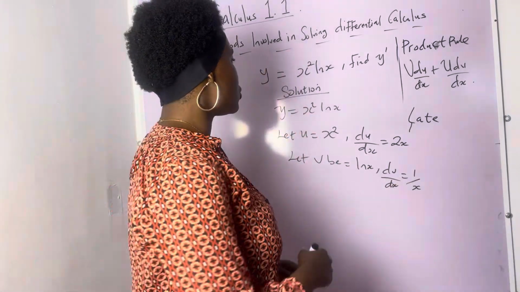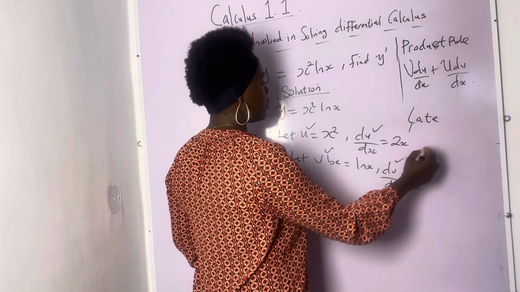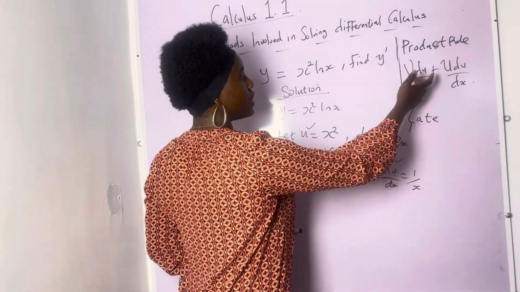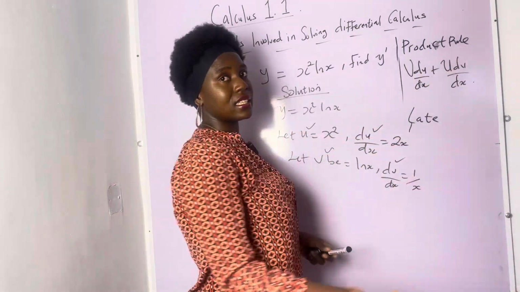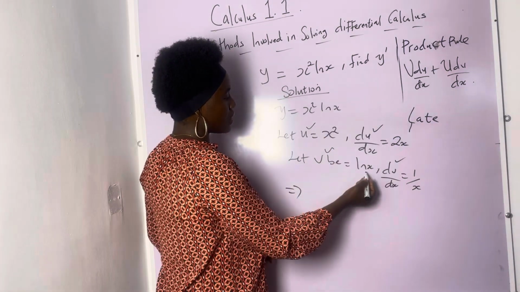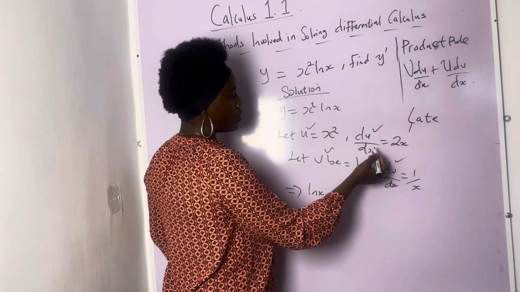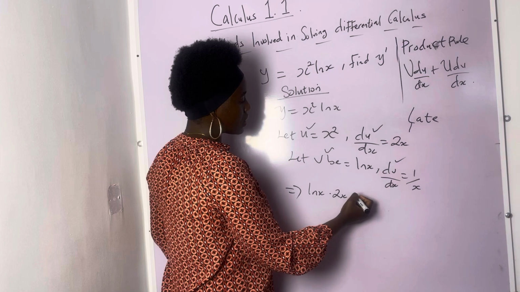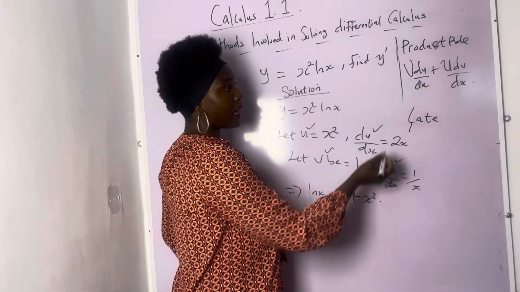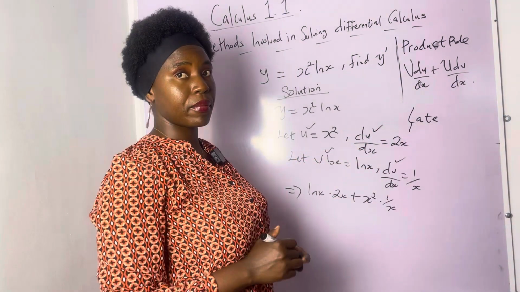Now, since we know what our u is, what our v is, what our du is, and what our dv is, we simply input all these terms into the formula, which states v du/dx plus u dv/dx. So we have our v, which is ln x, multiplying our du/dx, which is 2x, plus our u, which is x squared, multiplying dv/dx, which is 1 over x.